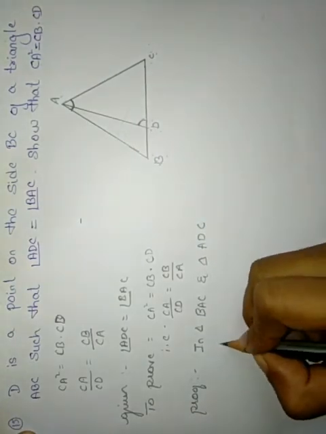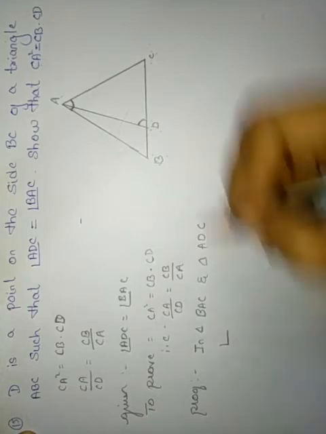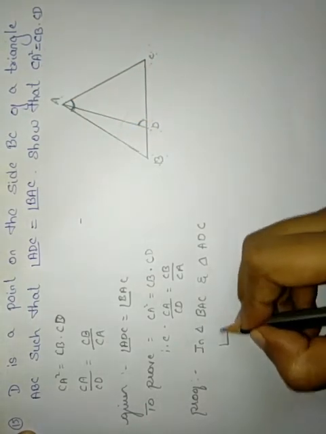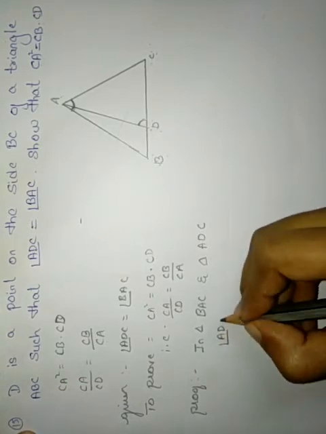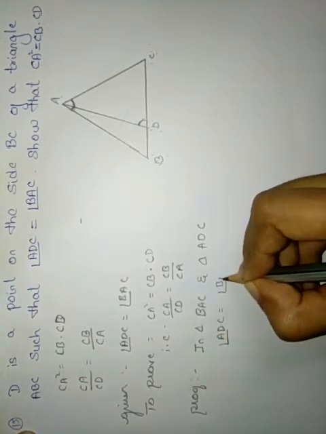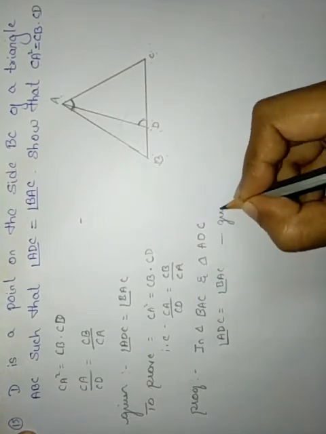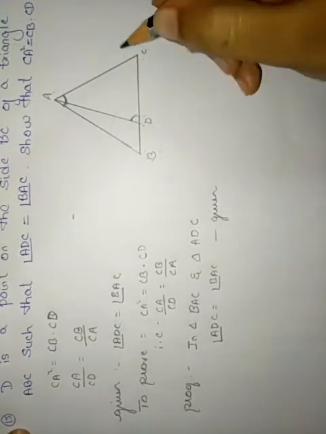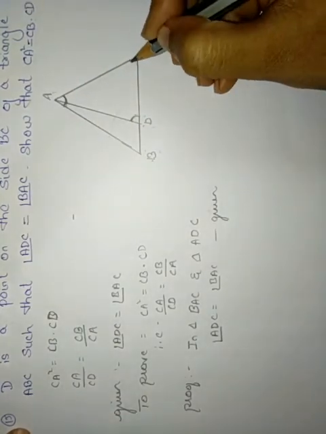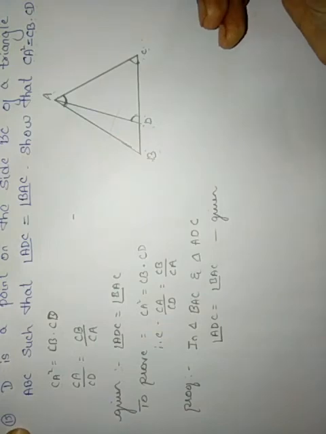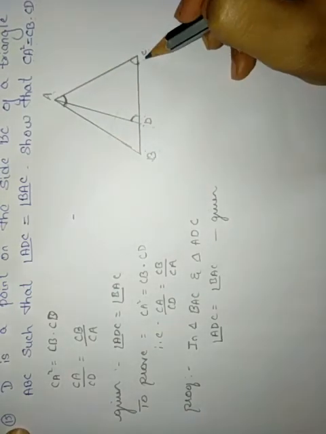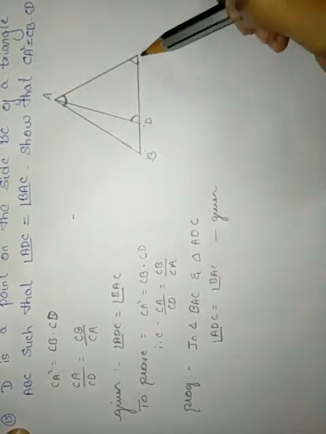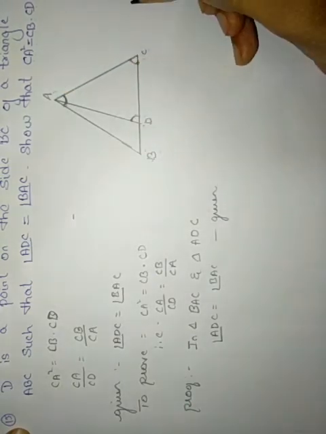Right? Now, in these two triangles, we know that angle A is equal to angle D, that is given. So angle ADC is equal to angle BAC. This is what is given. And one more angle, angle C, is common for both triangles. For triangle BAC, angle C is common, and for triangle ADC, C is common for both the triangles.